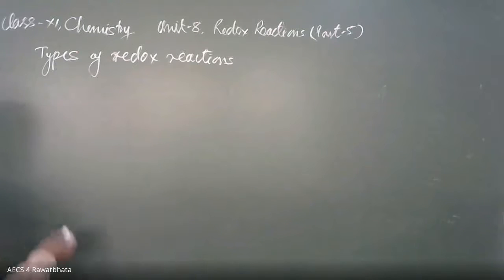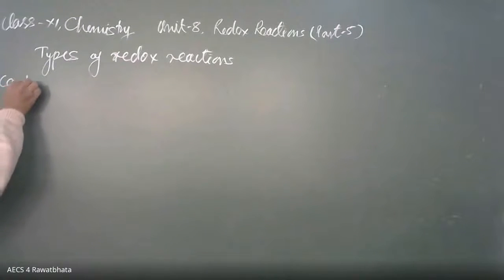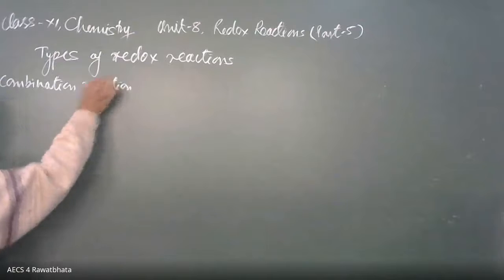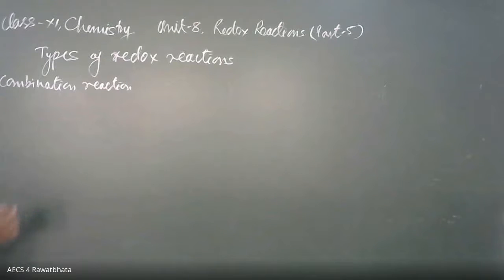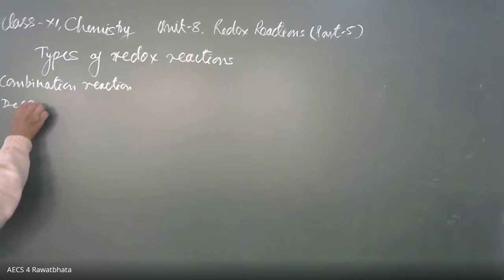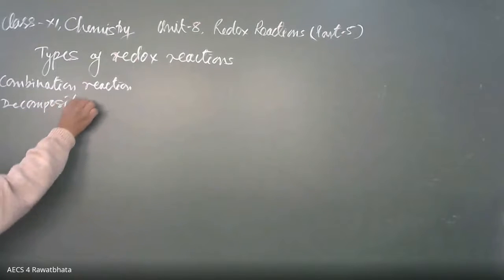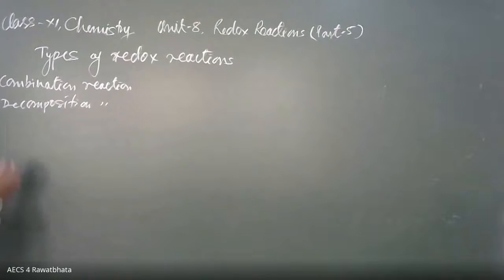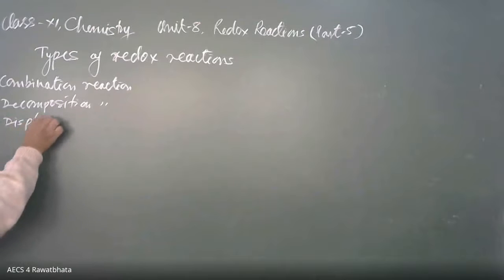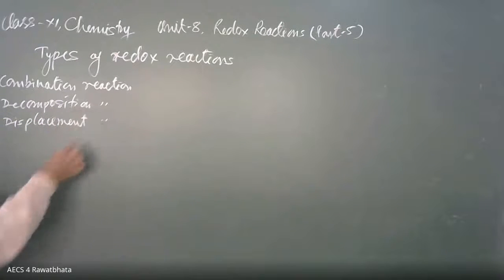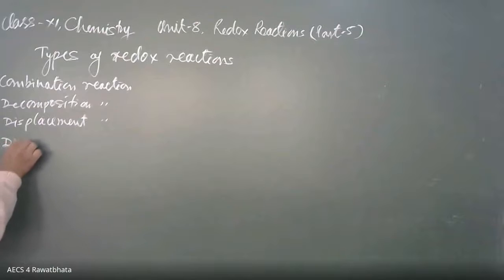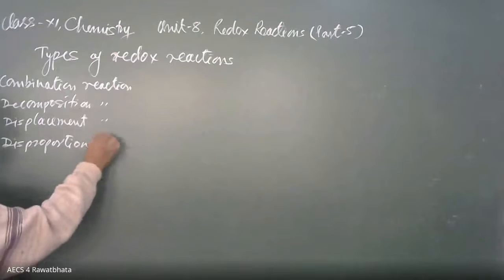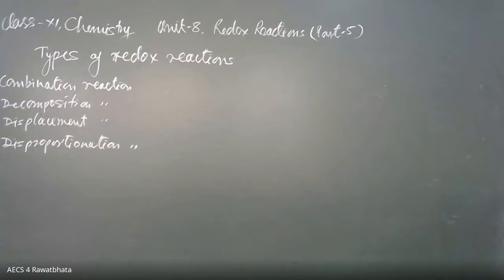The first is the combination reaction, the second is the decomposition reaction, the third is the displacement reaction, and the fourth is the disproportionation reaction. These are the 4 types of redox reactions.